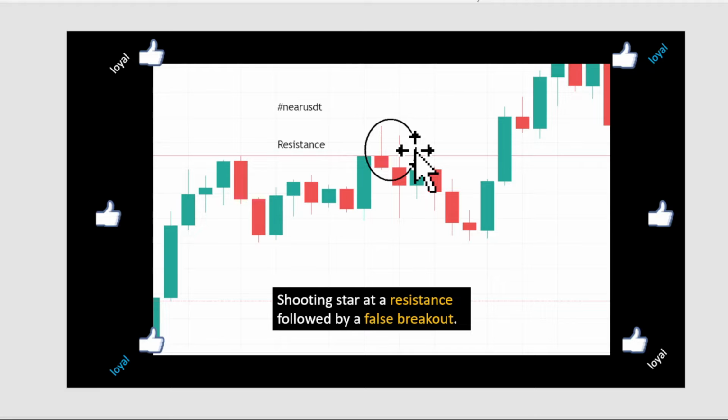If this scenario occurs, it is very likely that when the candle goes back into the range, we will see it fall back to the candle open of the big green candle. Traders should take notice of this. A false breakout will eventually lead to a trend reversal, temporary or long term.